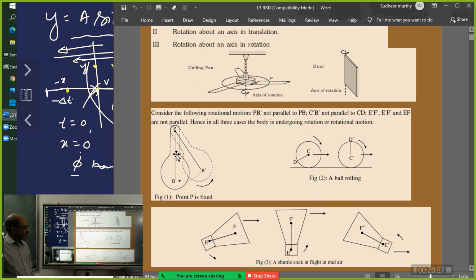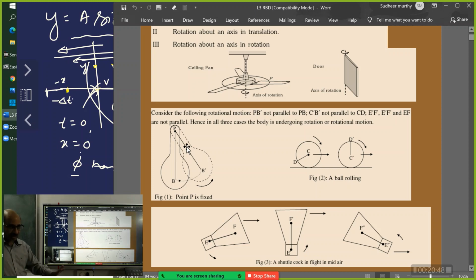Assume that the reference direction is passing through PB. Now as this body is moving, this reference line shifts from PB to PB dash, making an angle, and the angle is changing, and therefore we say this body is rotating with respect to this point P. There is no confusion whatsoever.